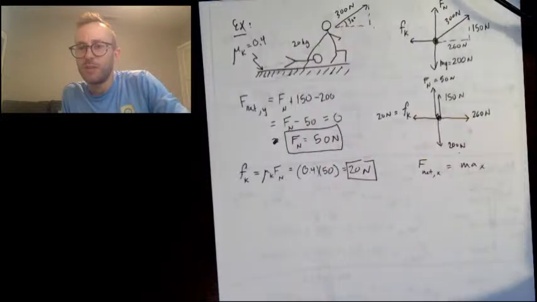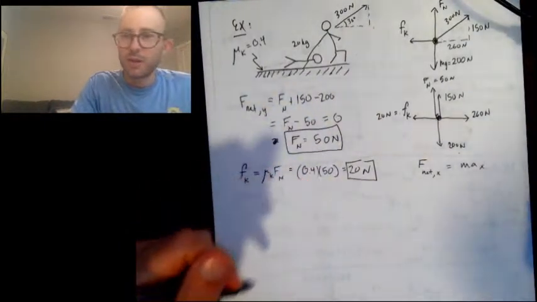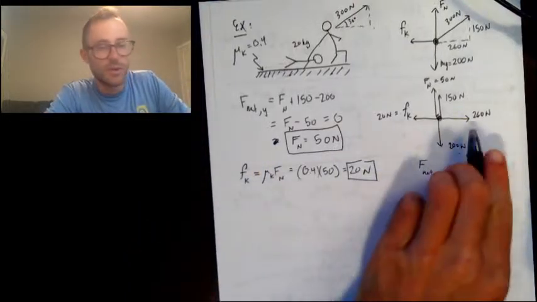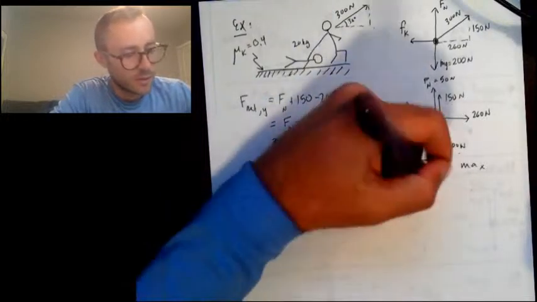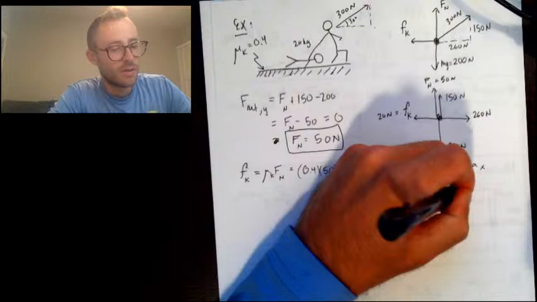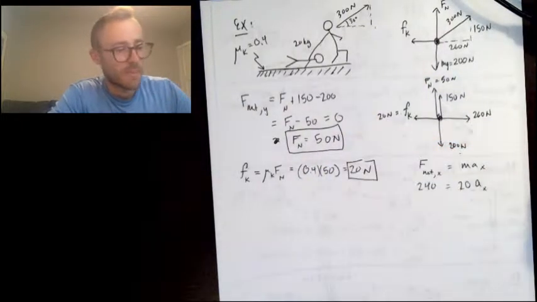Excellent. So people have typed into the chat correctly that the net force is 240 newtons. So that comes from 260 to the right minus 20 to the left. 240 newtons. And that equals m, which is 20, times a sub x.